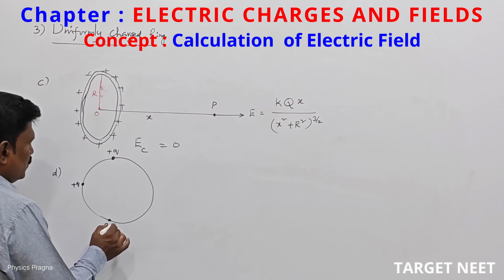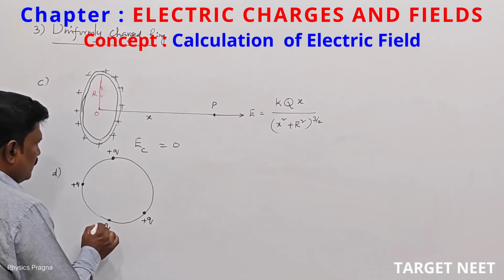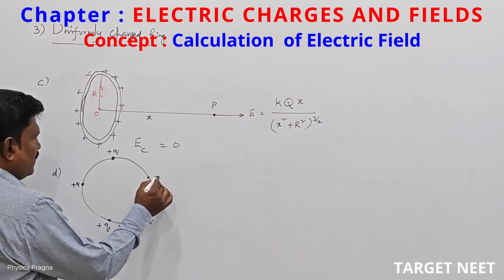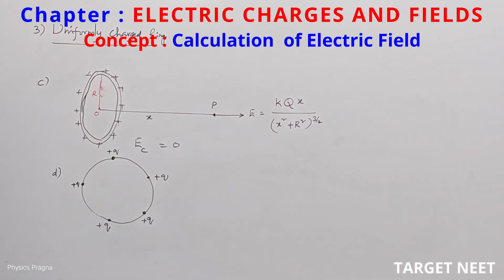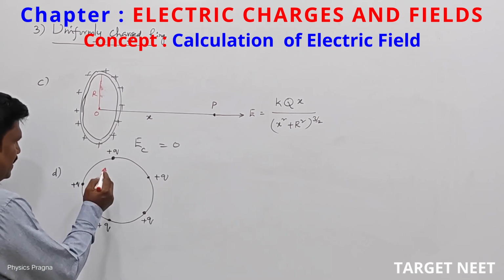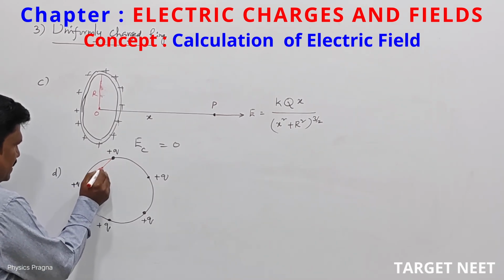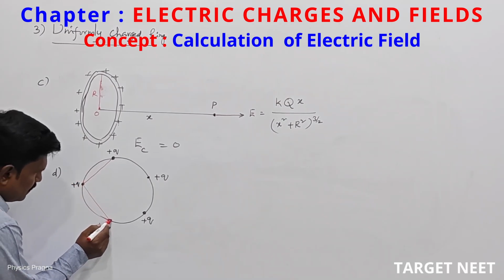This is another charge Q, another charge plus Q, and another charge plus Q. 1, 2, 3, 4, 5 charges are there. If you just join these point charges, you will get a pentagon.